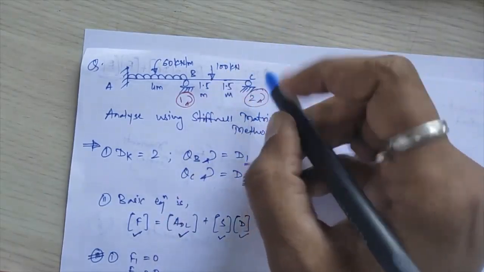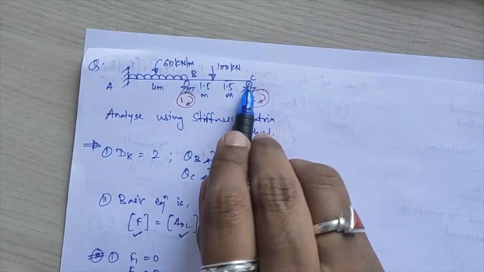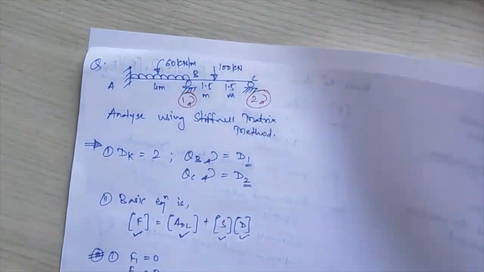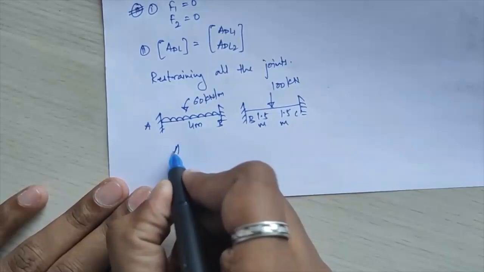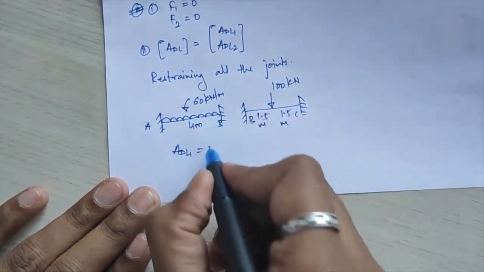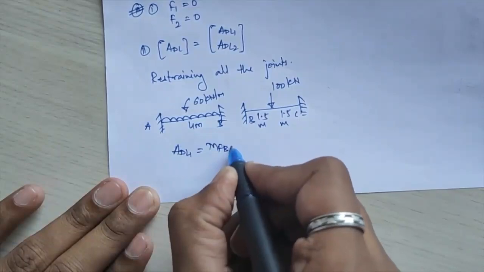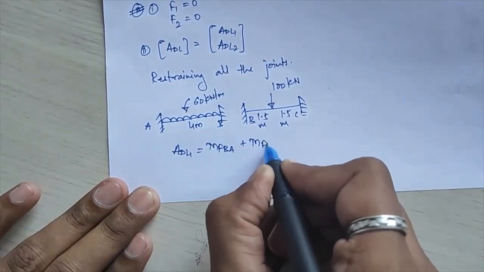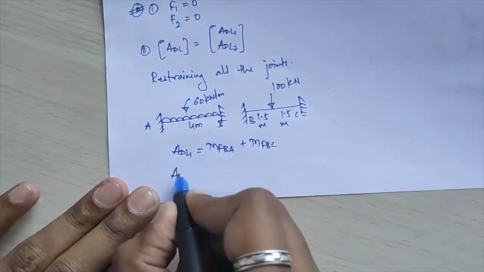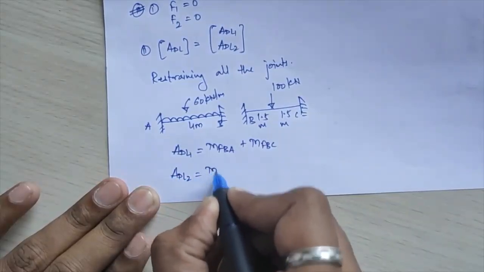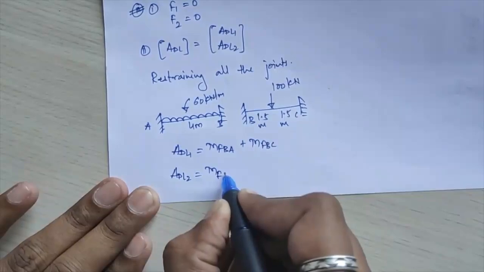Same way, here I will be having only one value, that is MFCB, so ADL2 will be MFCB.